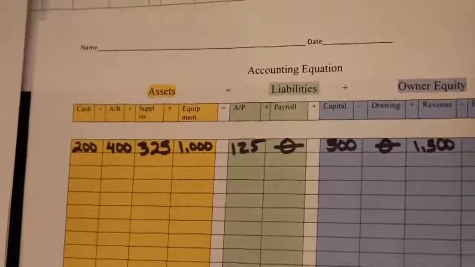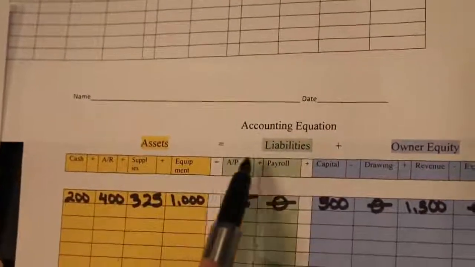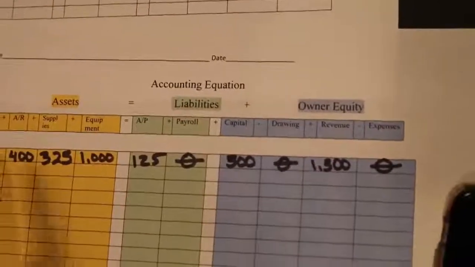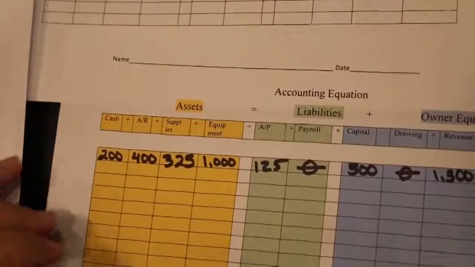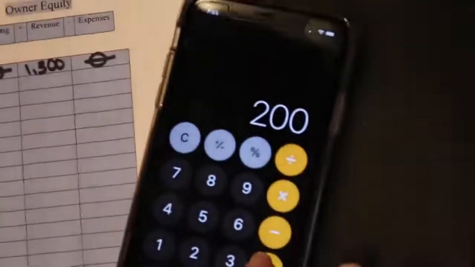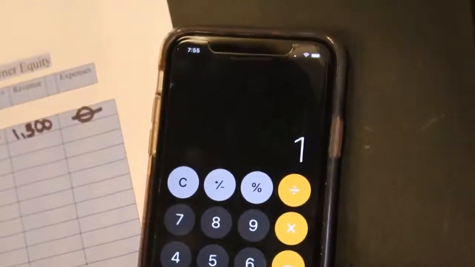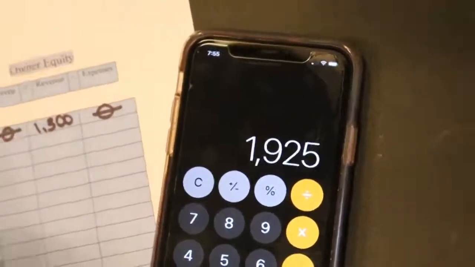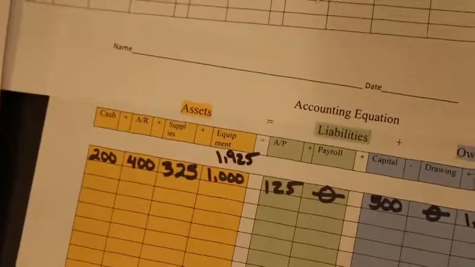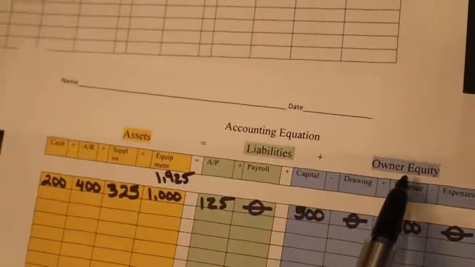So what I have to do now is make sure our accounting equation balances. Assets equals liabilities plus owner's equity. So let's add up our assets. 200 plus 400 plus 325 plus 1,000 equals 1,925. All right, so assets must equal liabilities plus owner's equity.